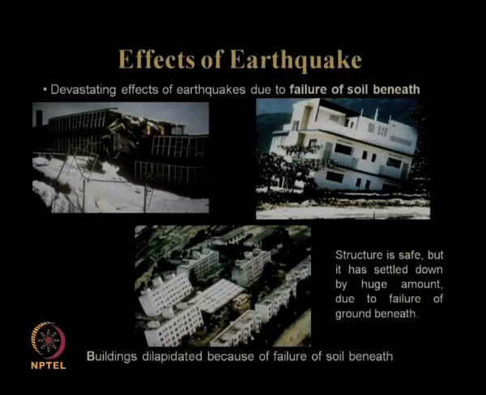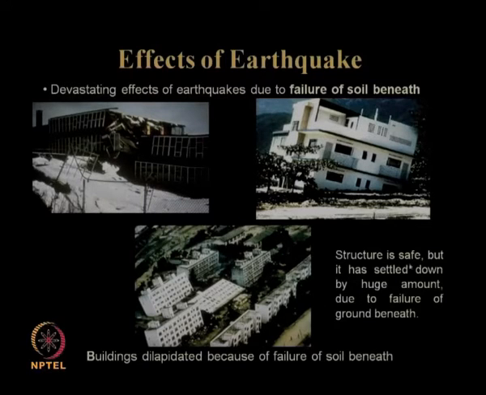You can see a few rows of houses standing properly, but similar houses in the row just behind have collapsed completely, or tilted partially. These are because of the local regional soil, which is very important to characterize during the earthquake process.